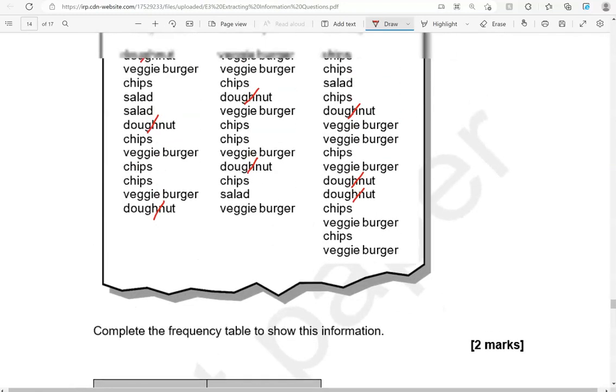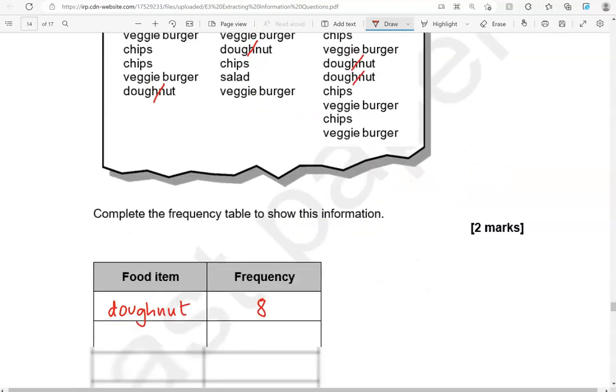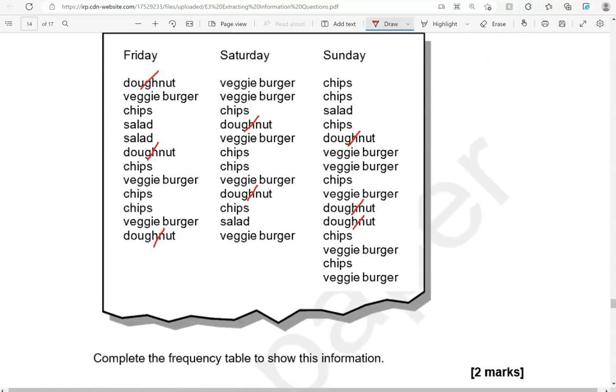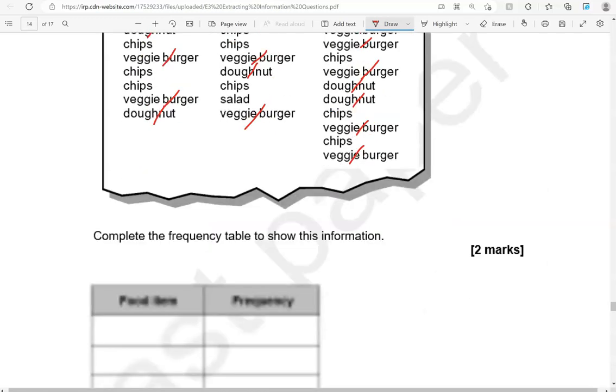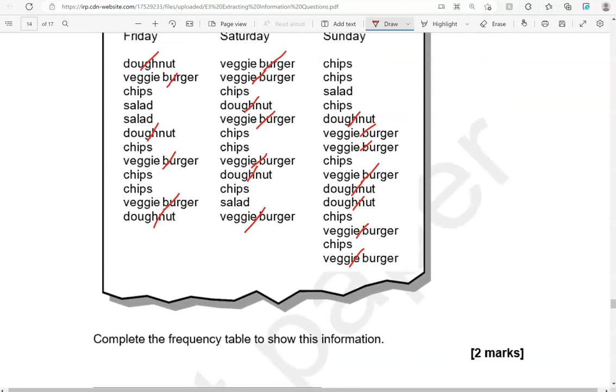Then we have veggie burger. How many of them are there? We've got 1, 2, 3, 4, 5, 6, 7, 8, 9, 10, 11, 12, 13. After that we've got chips.